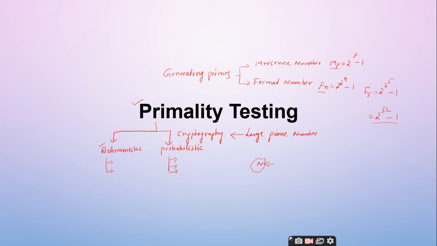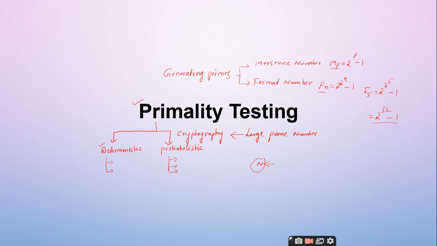Any idea? For example, if I say that a girl is so deterministic in achieving her goal, what does it mean? She is very much concentrated and she decides whether it is correct or not, right? So only one answer is there, whether she will achieve it or not. But probabilistic means they have some probability of achieving it, and some probability of not achieving it, right?